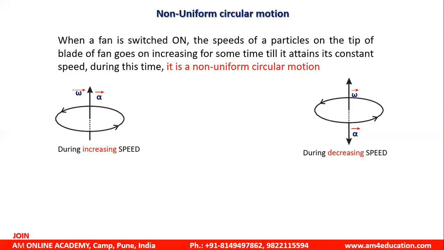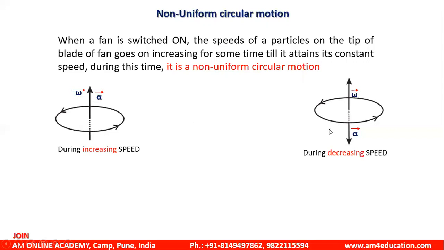Now in this case, when the speed is increasing, the direction of angular velocity and angular acceleration is the same. It is directed upward and perpendicular, passing through the center of the circular path.